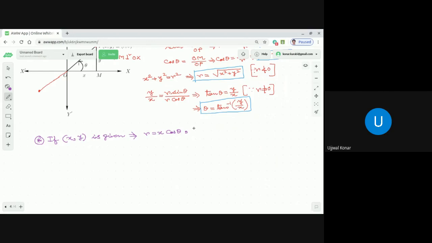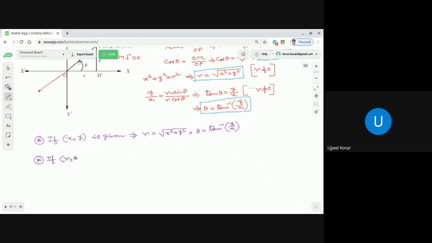Not x equal to r cos theta. So from here we can write that if x and y are given, then r is equal to square root of x square plus y square, and theta is equal to tan inverse of y by x.